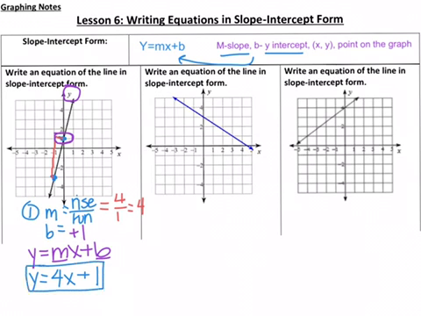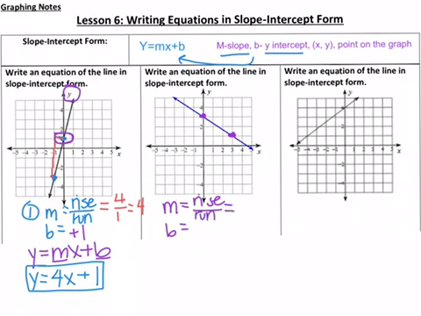Now let's move to the next problem. I first find out what my slope is, and then I find out what my y-intercept is. So the first thing I do is I find 2 points on the graph that can help with my slope. So I see that there's one that crosses this point, and then I also see a point right here. Okay, so again, I like to do my rise over run ratio.